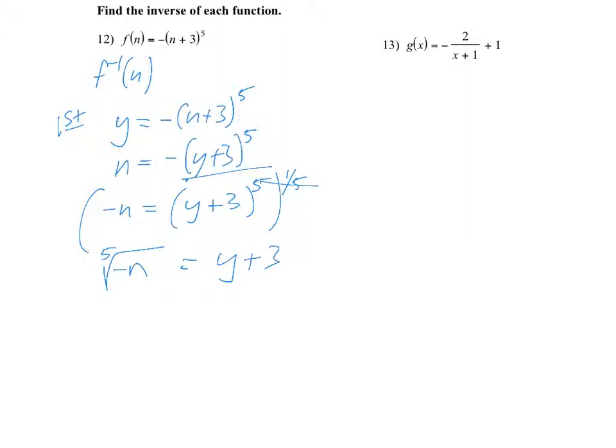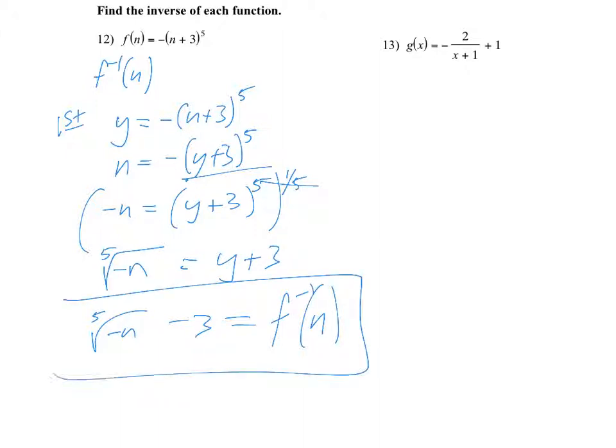Those cancel out. Subtract 3 from both sides, so the fifth root of negative n minus 3 equals f inverse of n. F to the minus 1 of n. Okay, relatively doable.